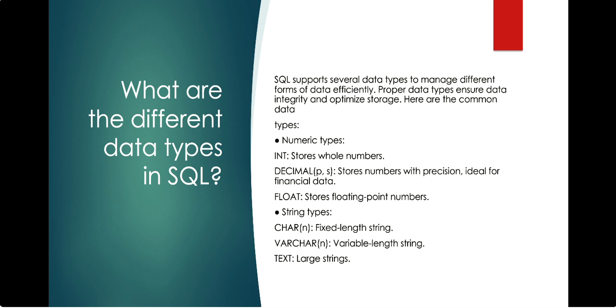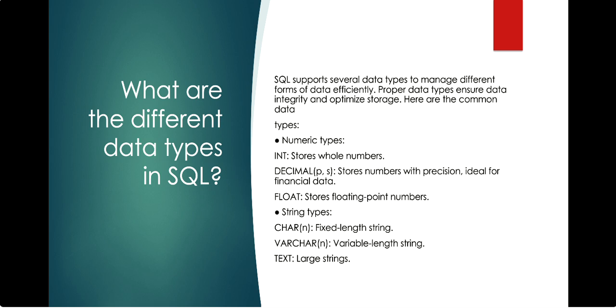So let's start with basic numeric, string and date types here. So we have text, character or string types. These include char, varchar. We have another type, CLOB. Char is used for fixed length strings, while varchar is more flexible and stores variable length strings.